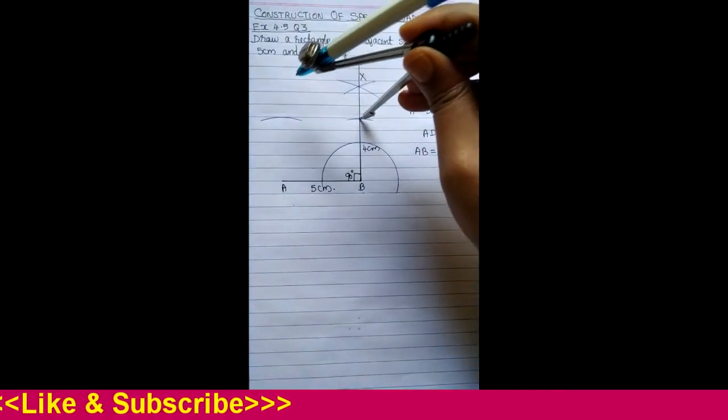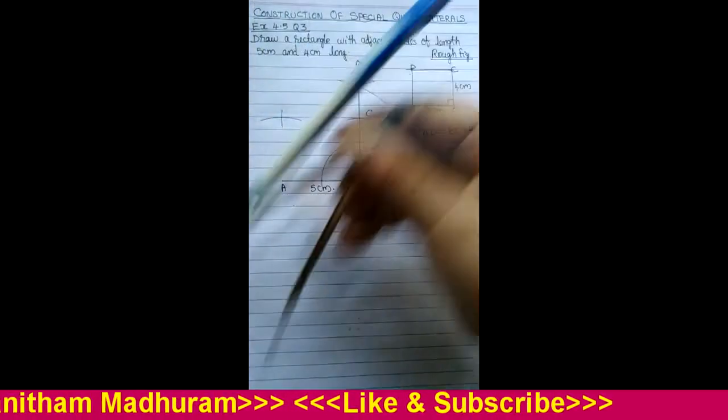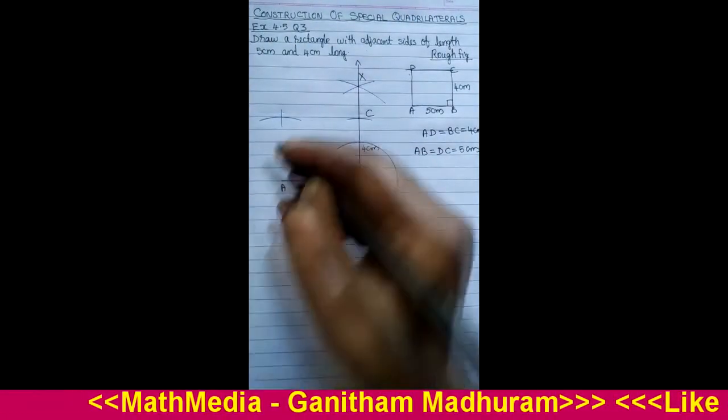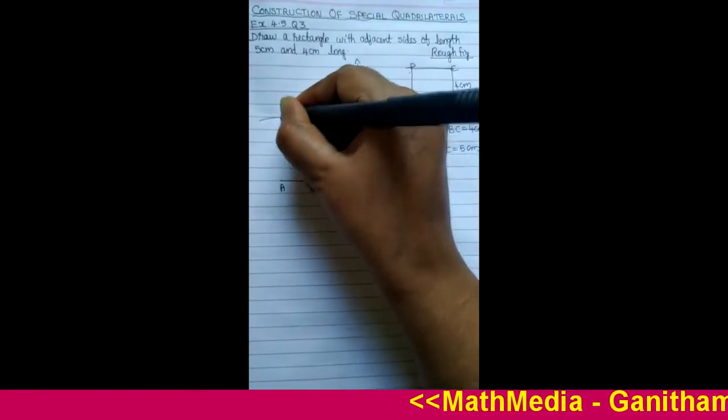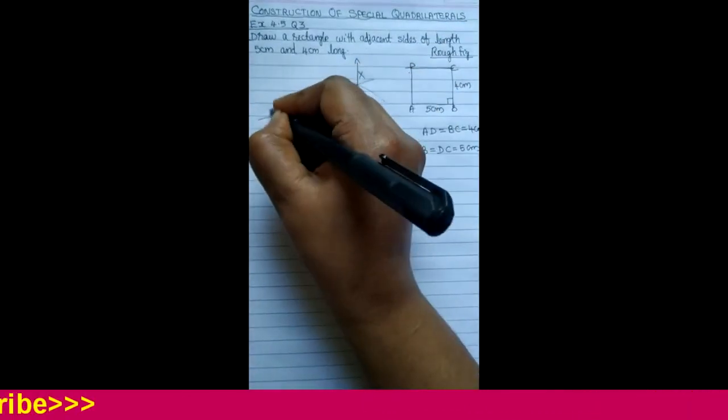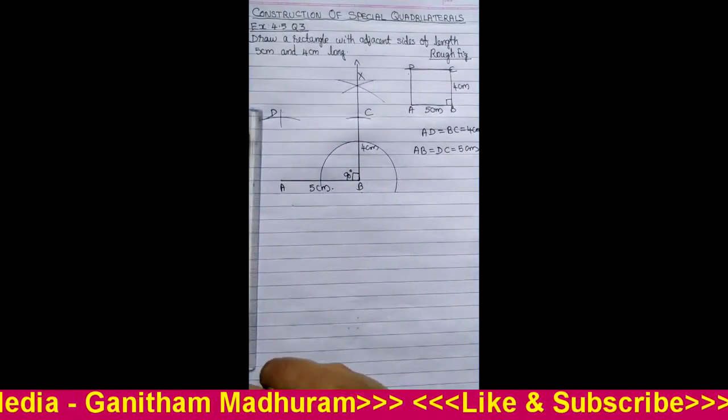Take 5 cm in the compass. With the center C and radius 5 cm draw another arc. Mark the point of intersection. This is the required point D. Now we have to join AD and CD.